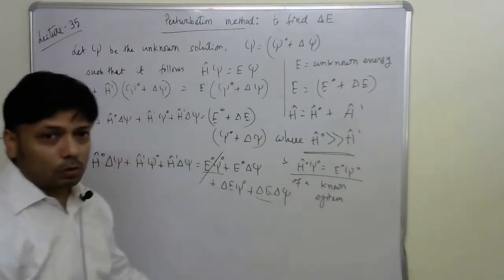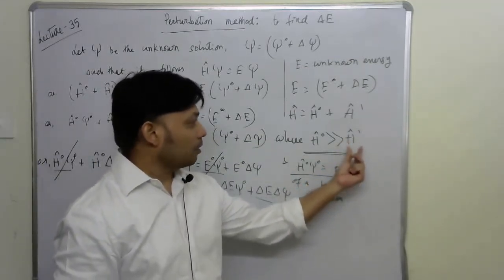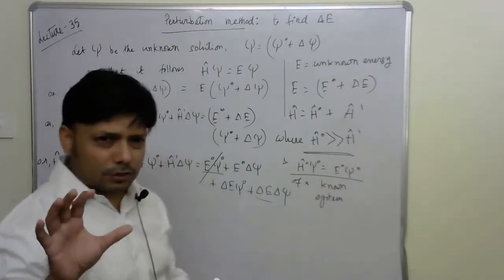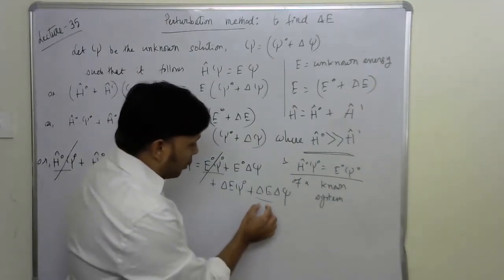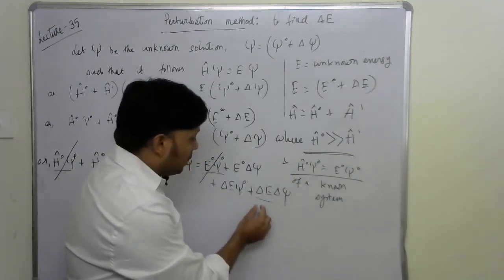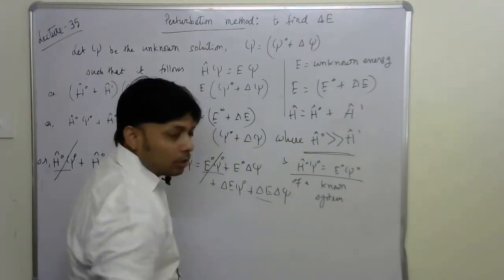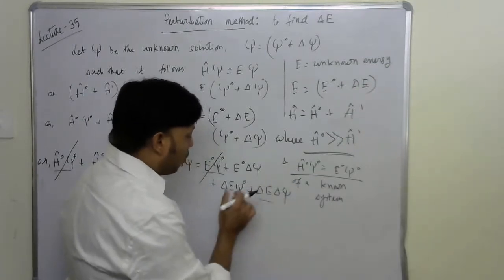I already told you that the perturbation term is very small compared to H0, so similarly delta E should also be very small and delta psi would also be very small. So this is the product of two very small terms.